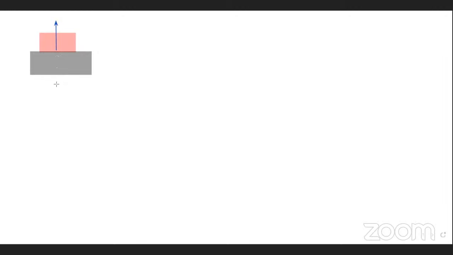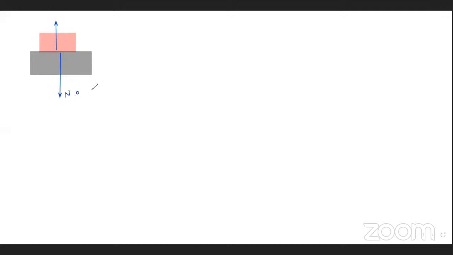So the normal reaction on the other will be here like this. Downwards normal reaction is on black or red? This one, what I pointed here, is the normal reaction on black or red?